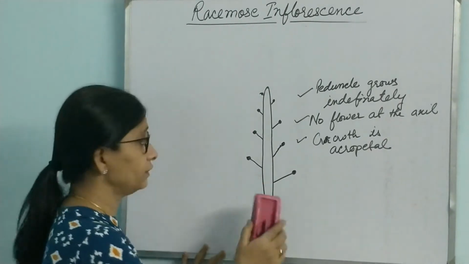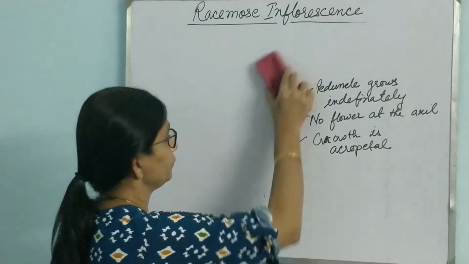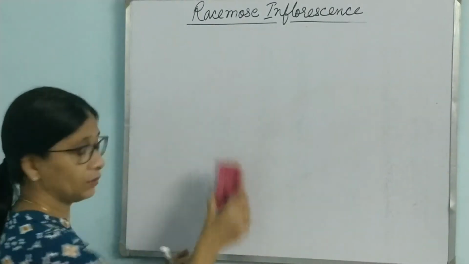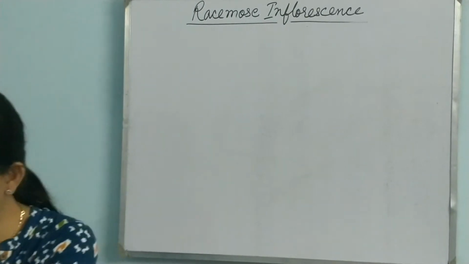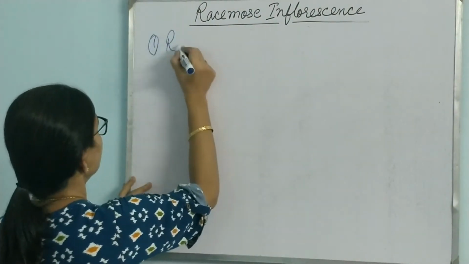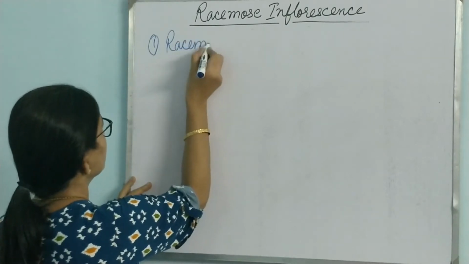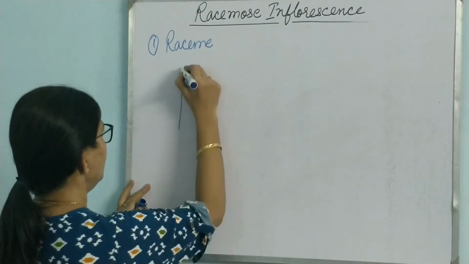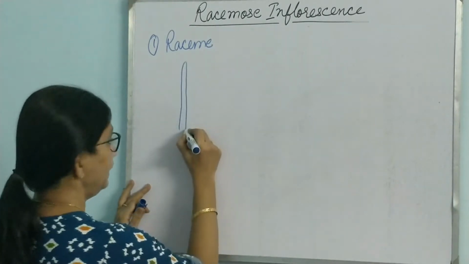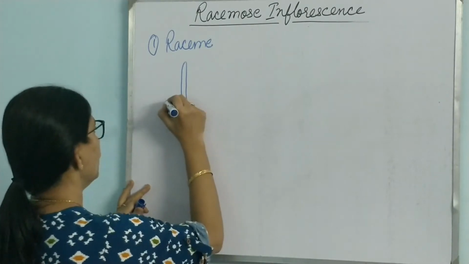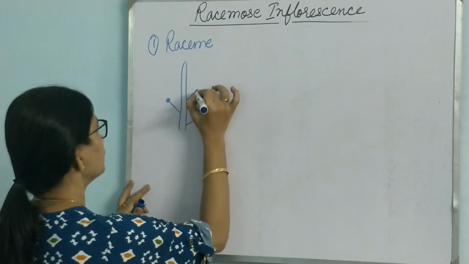Now let us see what are the types of racemose inflorescence. So let us discuss them one by one. First that will come is raceme. Here the peduncle will be long and growing indefinitely, and then there will be flowers which will come out in acropetal manner.